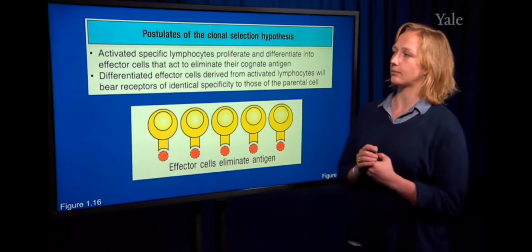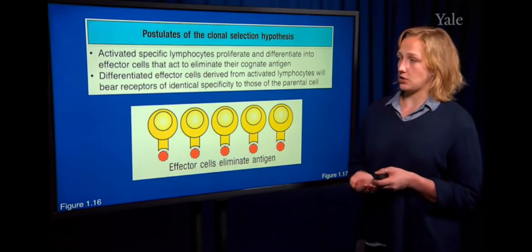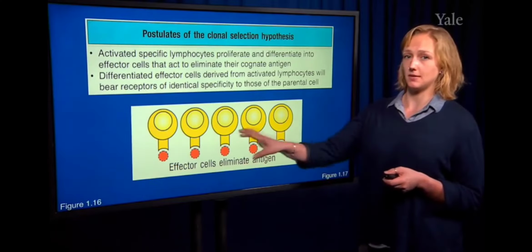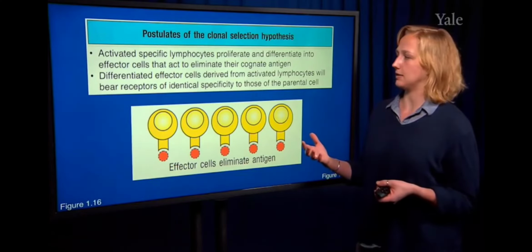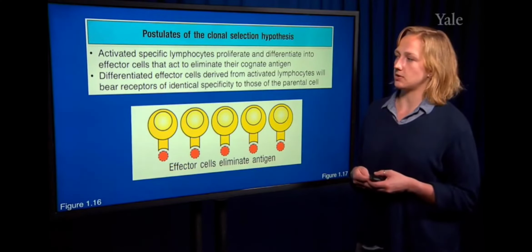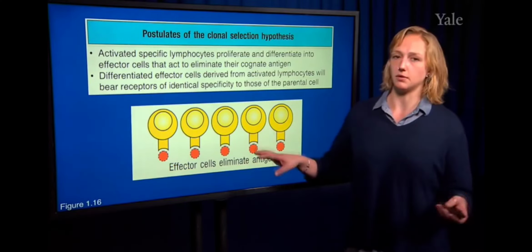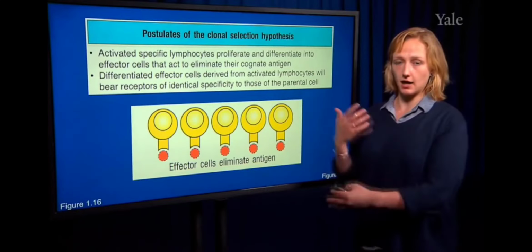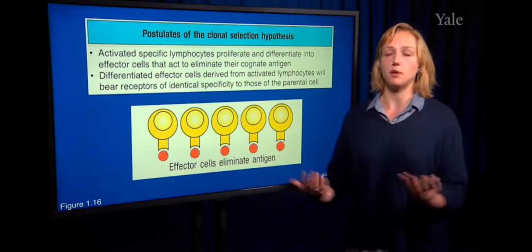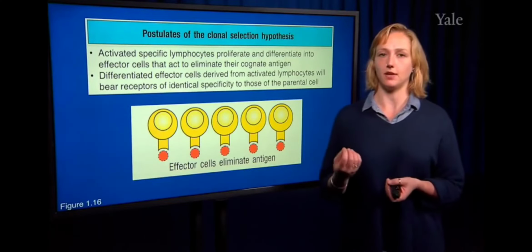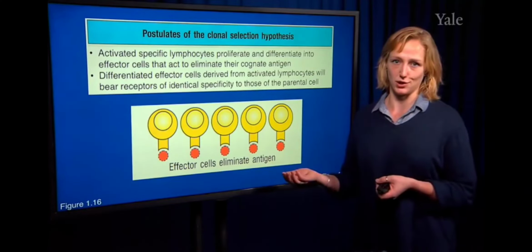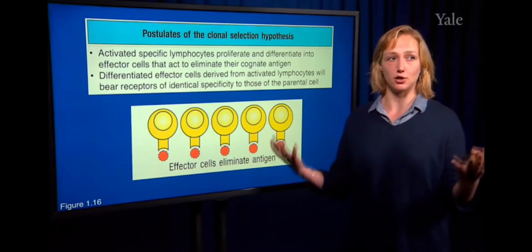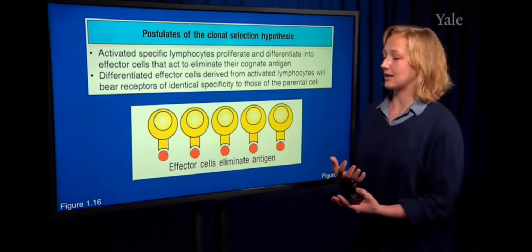After differentiation, these effector cells, so the cells that have been activated, will then bear receptors that are identical to those of the parental cell. So when a cell is activated, it proliferates such that there's a very large population of cells that is specific for the encountered antigen. This allows for a very large pool of cells that can act to eliminate the specific antigen.